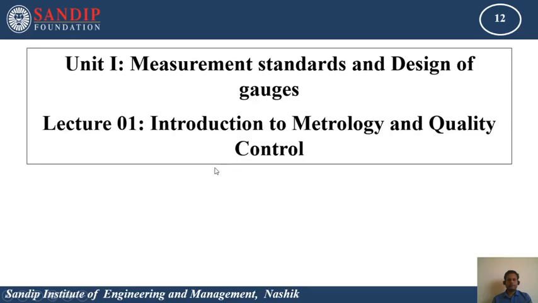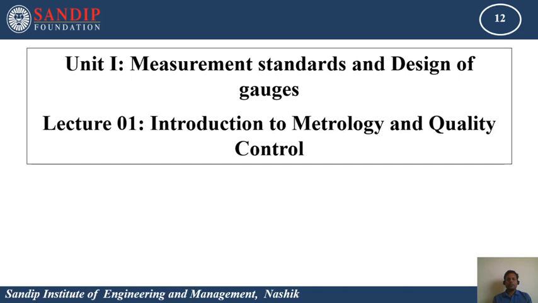of our course. So our unit number 1 is measurement standard and design of gauges. Before going to start our unit number 1, we need to understand the meaning of our subject. So that is metrology and quality control. Metrology is nothing but it deals with the study of science, that is measurement science. We have to study the measurement science.